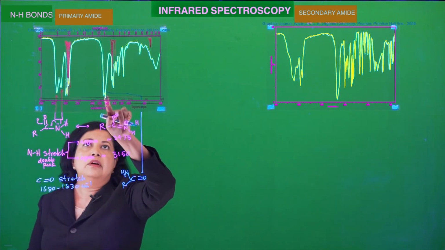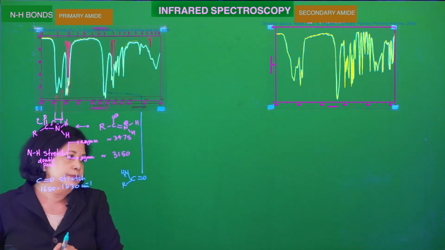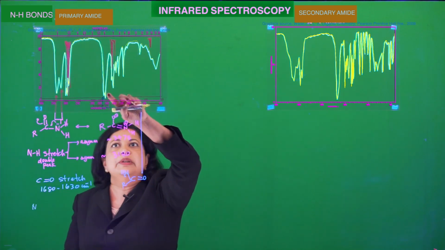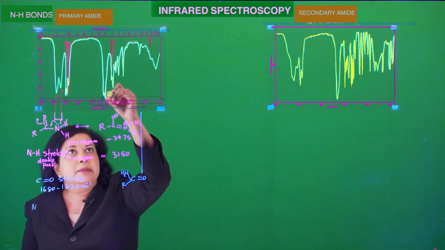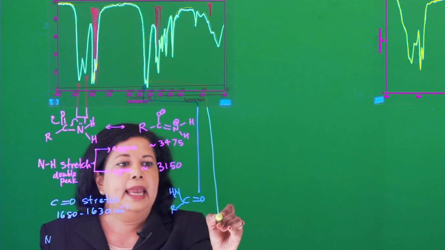Here you see that it's almost like a doublet. What is the other peak here? So here are some other peaks. Let's see what these could be. Well, you can see that this is almost like a doublet peak, like two peaks in one. One of them is the CO, and the other one is the NH.